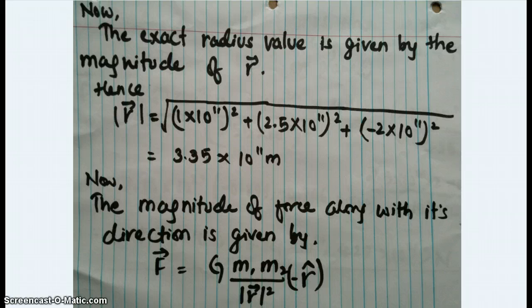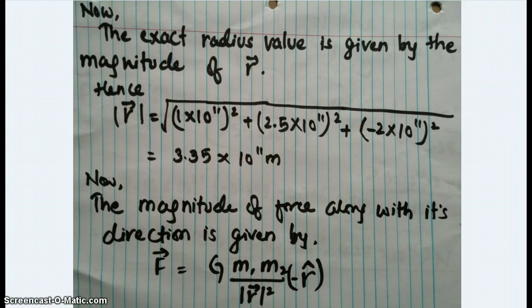After doing that, we need to find the magnitude of the force along with its direction, which is given by F equals m1, the mass of the heavenly body, times m2, the mass of the star, divided by the magnitude of the radius squared, and then multiplied with negative r cap.